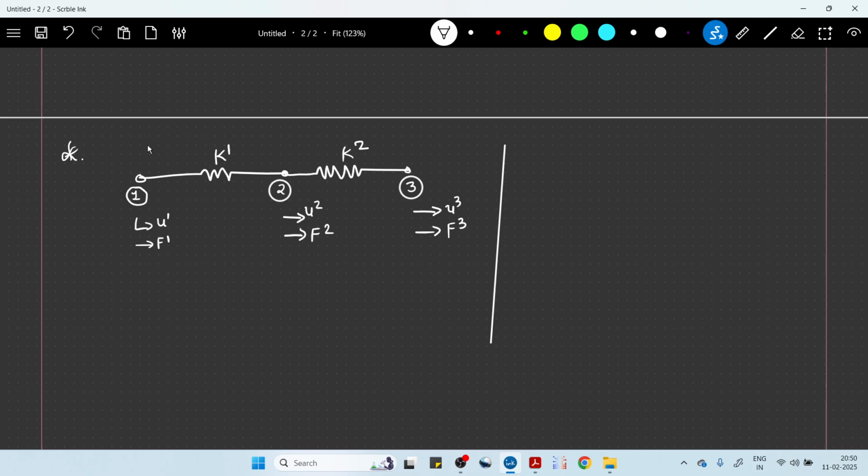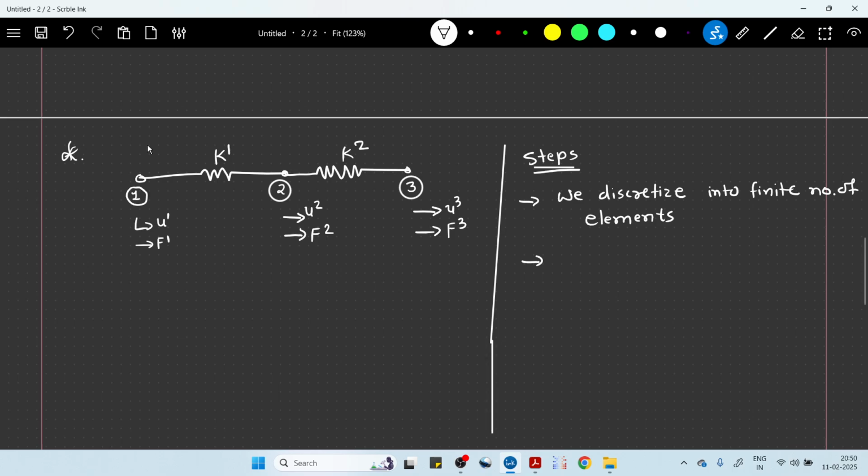So these are the steps. First we discretize into a finite number of elements. Right now I'm just giving the steps, and we'll see them with this particular two-element example.